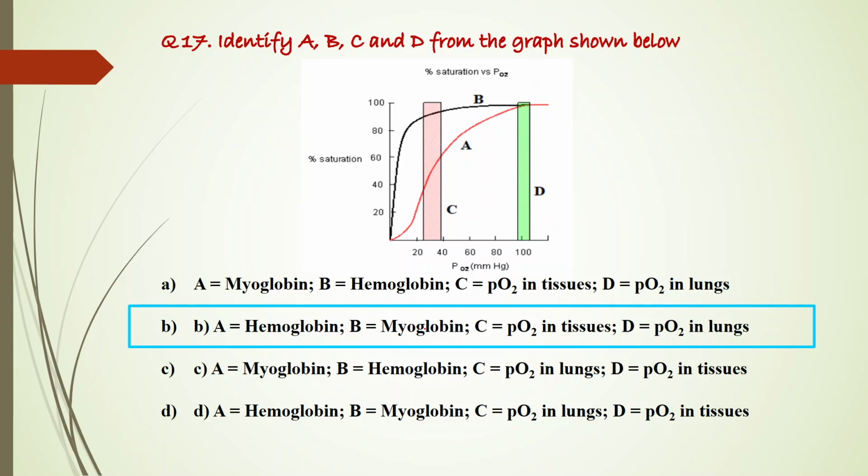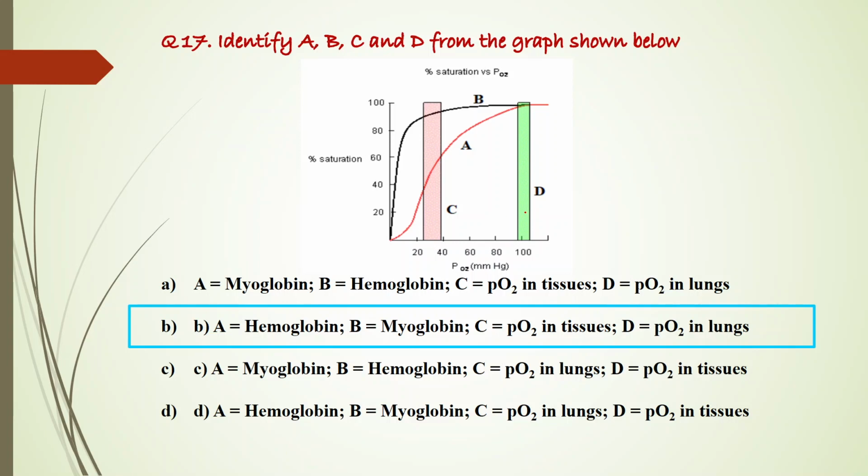Okay. And see this pink bar graph. Here in the pink bar graph, the partial pressure of oxygen is very low, suppose in the range of about 30. That means, where is the partial pressure low in our body? In the tissues. So the pink one, where the partial pressure is low, should be the region for tissues.